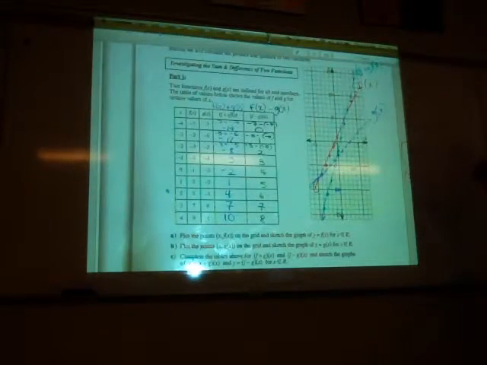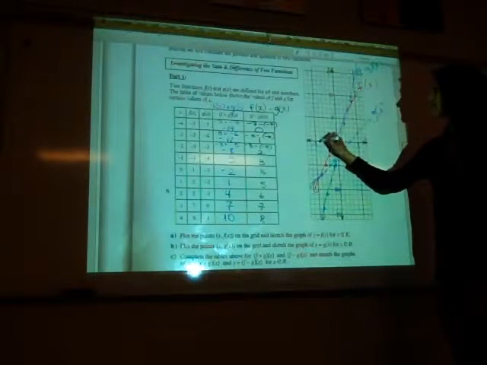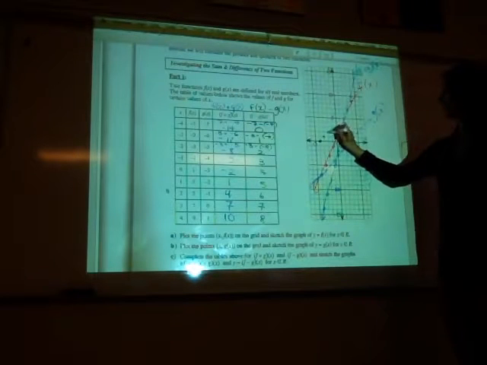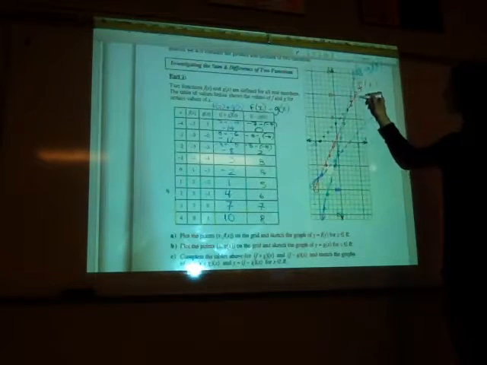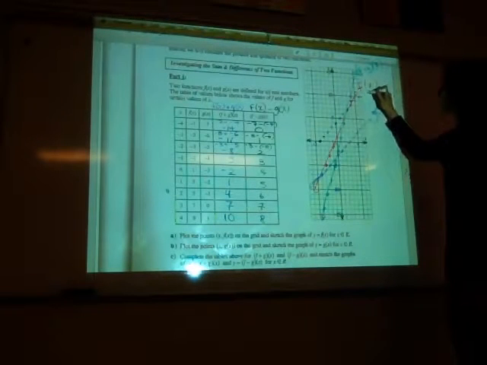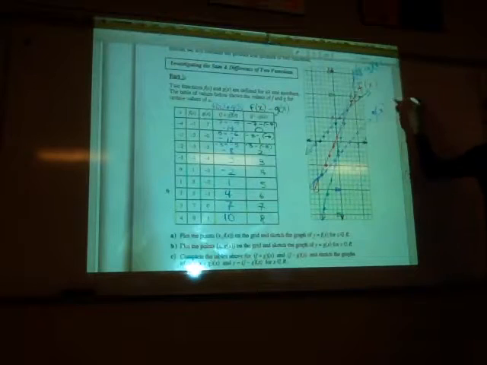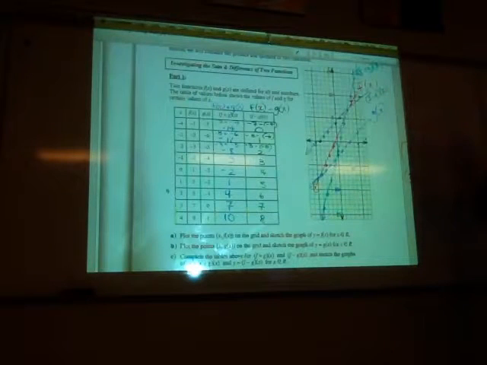So -4, 0. -3, 1, and we're just going up by a slope of 1. And then draw as straight as possible a line through, and label that f minus g of x.